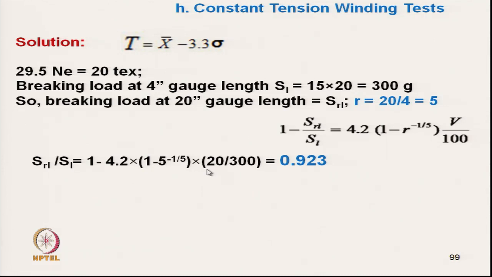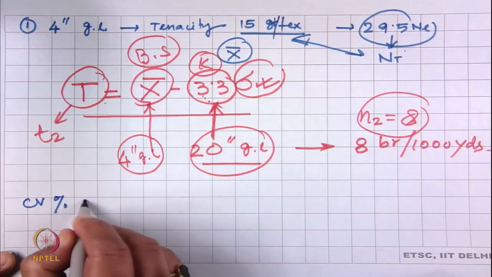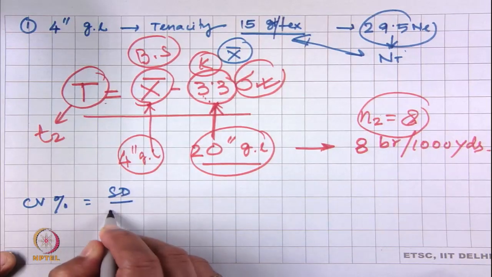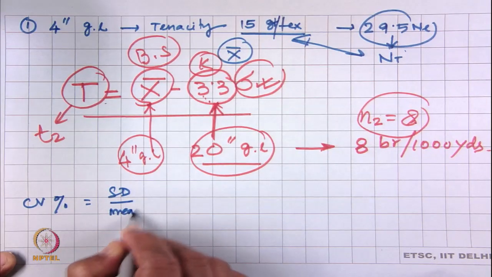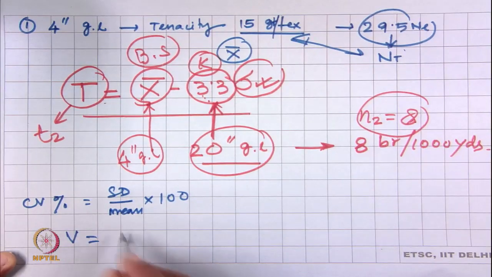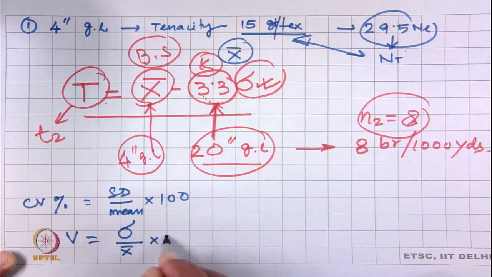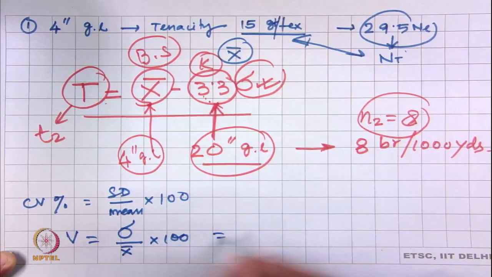So, you can see CV% is nothing but standard deviation by mean into 100. Here V equals sigma by x bar into 100, where x bar is 300.